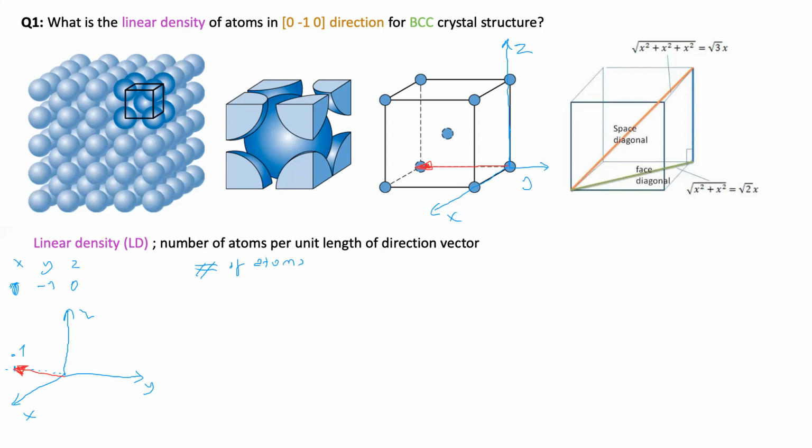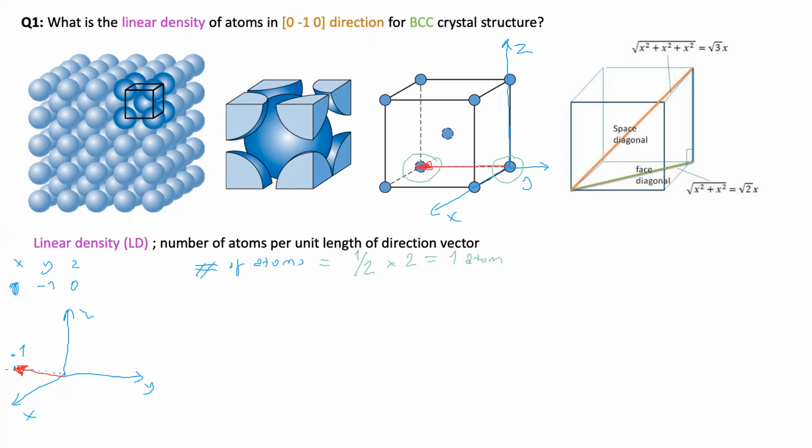When we check which atoms are on the vector, in fact, that one and that one. But only half of each atom is covered by the vector, so it should be 1/2 of an atom times 2 atoms. So the number of atoms is 1 atom on the unit vector.